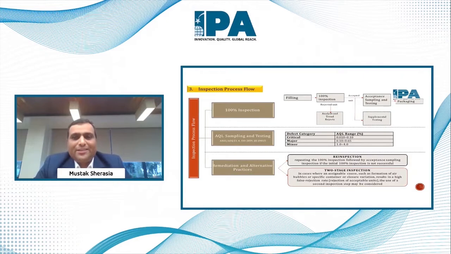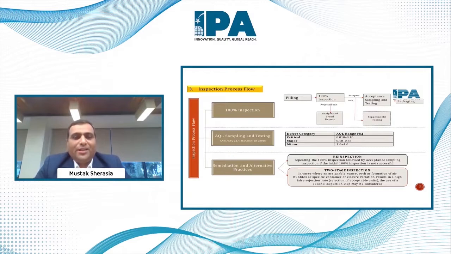Two important considerations are the rejects after completion of inspection, with their trend analysis and classification of defects, which we will discuss in the next slides. The second is supplemental testing, which is very important for complex products and products with specific container closure configurations that are very difficult to inspect visually. That is also covered in the coming slides.